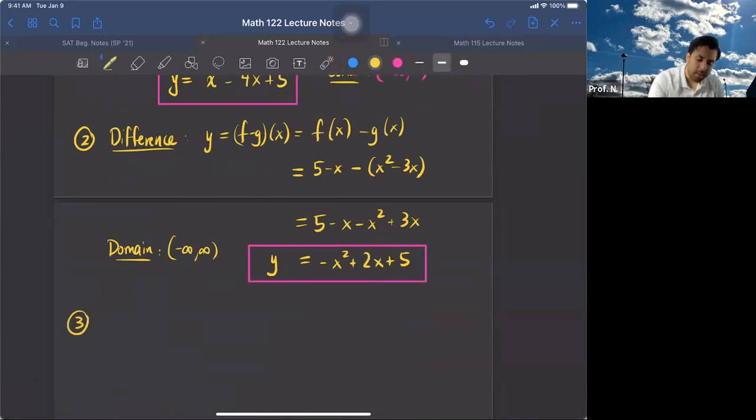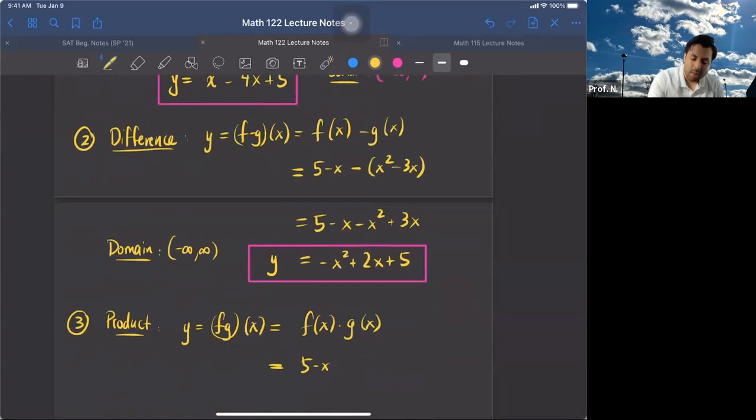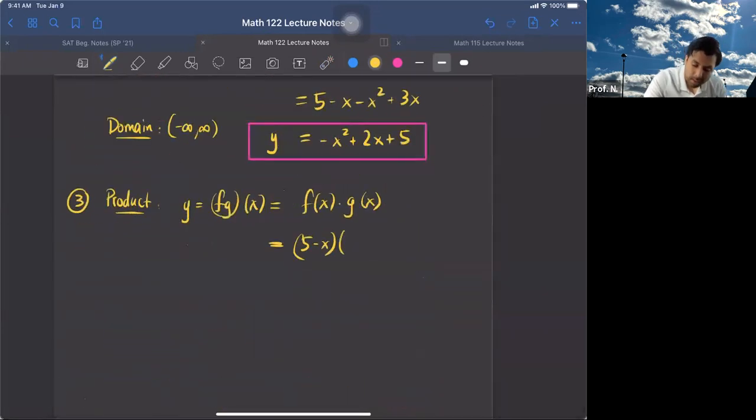Next, what's going to be the product of these two functions? What's going to be f of x multiplied by g of x? What's f of x? 5 minus x. What's g of x? x squared minus 3x. Multiply. How do we multiply? FOIL.